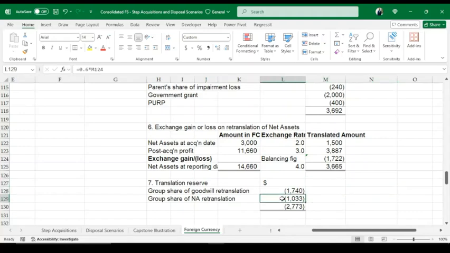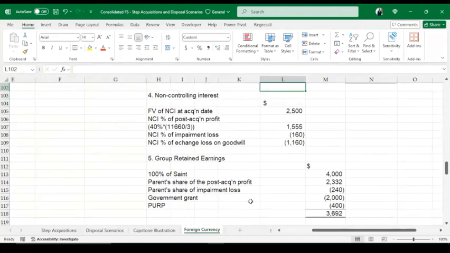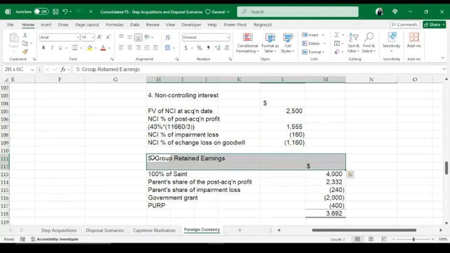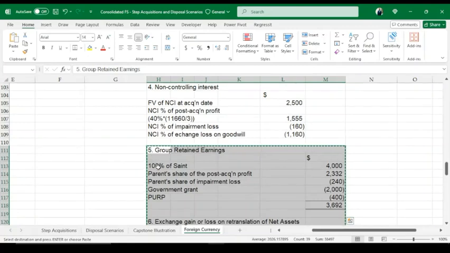Then, as we have done for the group, let's go and do the same for the NCI calculation. As I said, there is an item within NCI that we haven't dealt with. So let me cut this and bring it down a little.